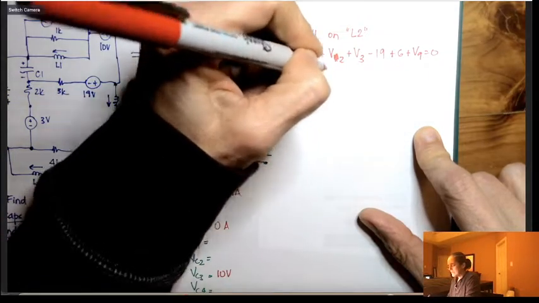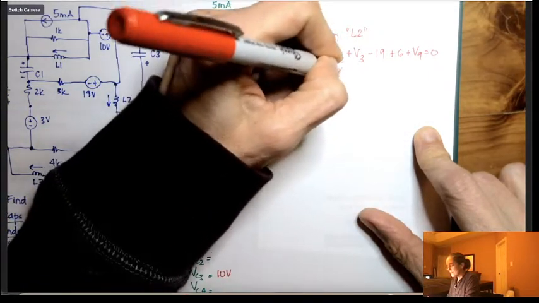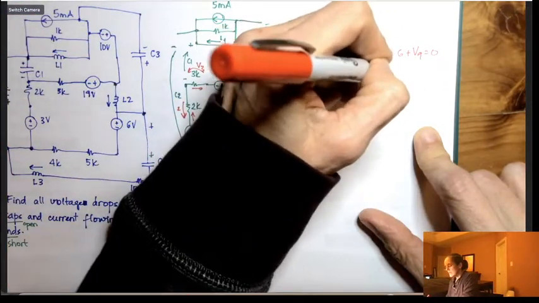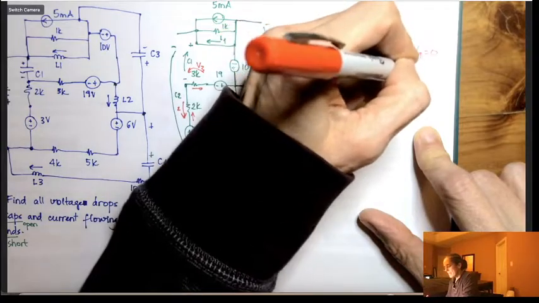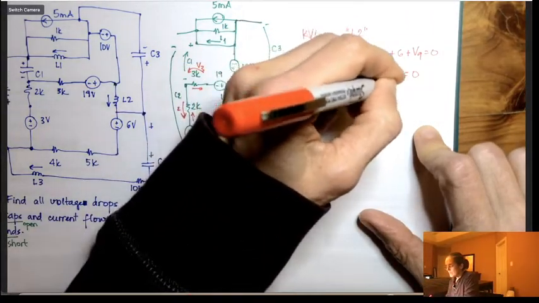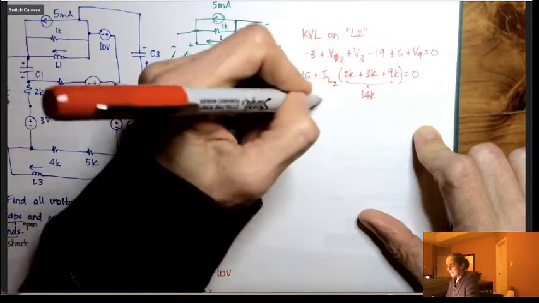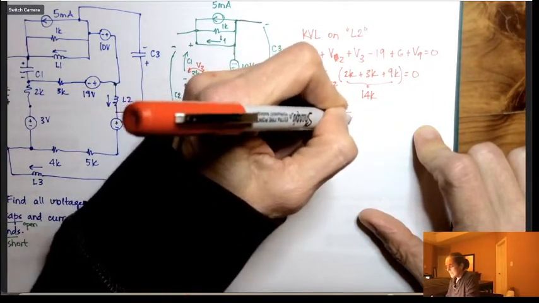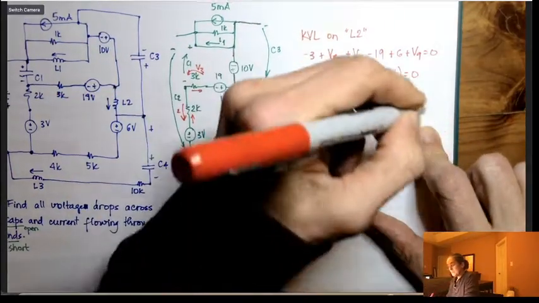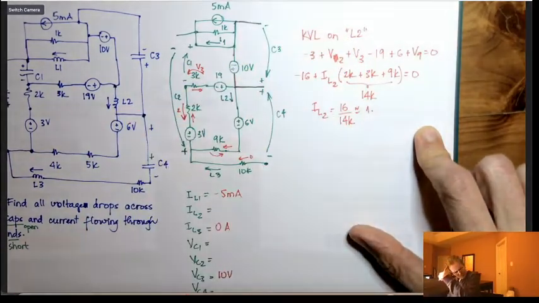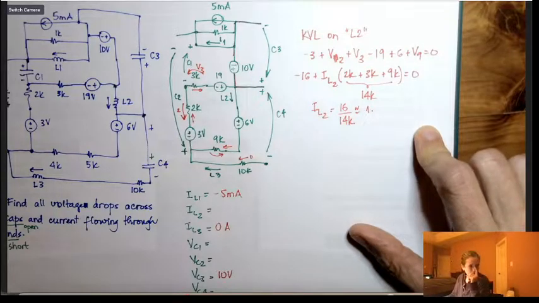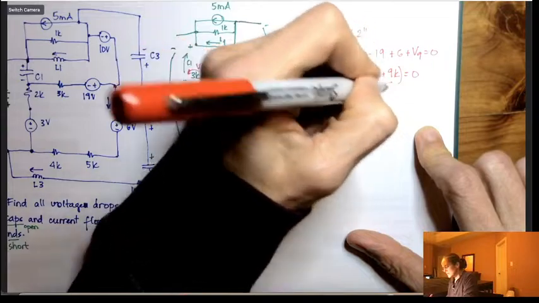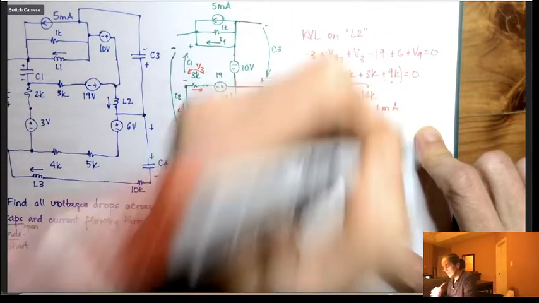And then plus that current IL2 times 2K plus 3K plus 9K equals 0. So this will be 14K. So IL2 will be 16 divided by 14K, which is close to 1.1 milliamps.